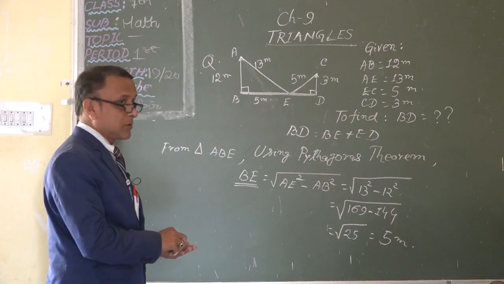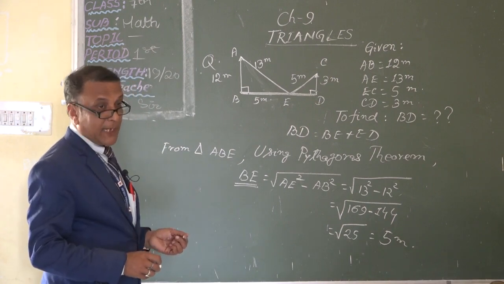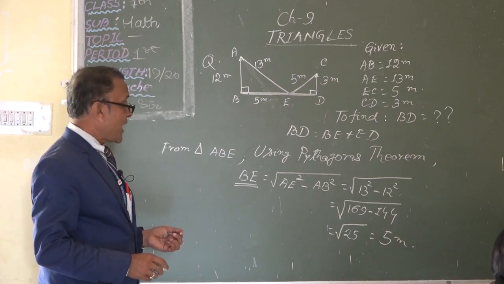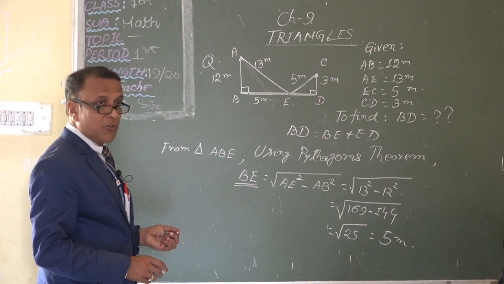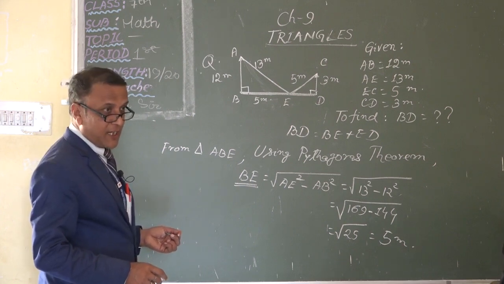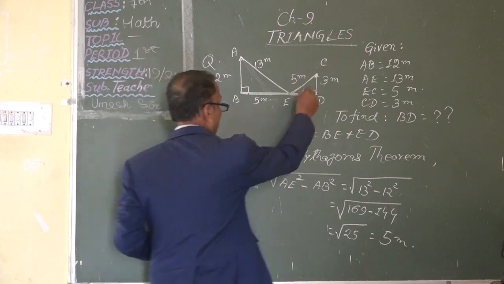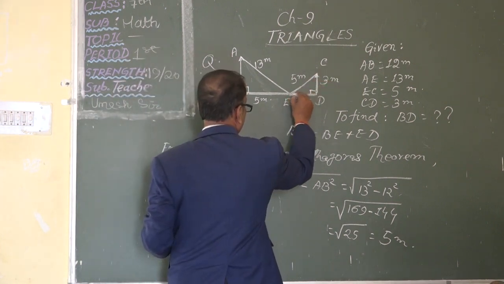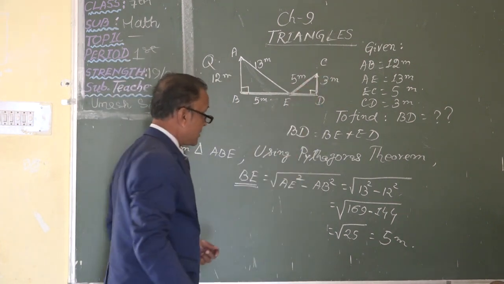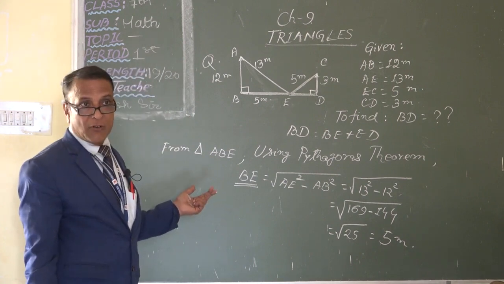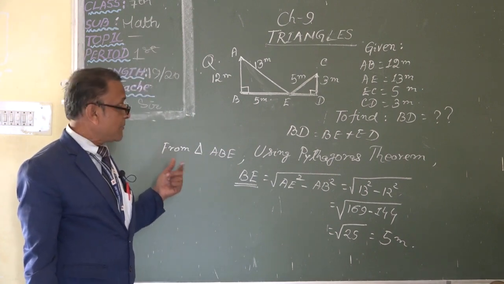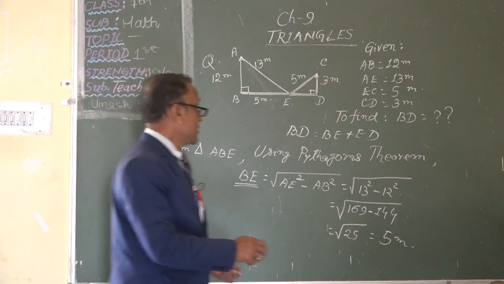Now we have to find out ED. To find ED, which triangle will we use? CDE. Again by using triangle CDE and also by using Pythagoras theorem, we can find ED.